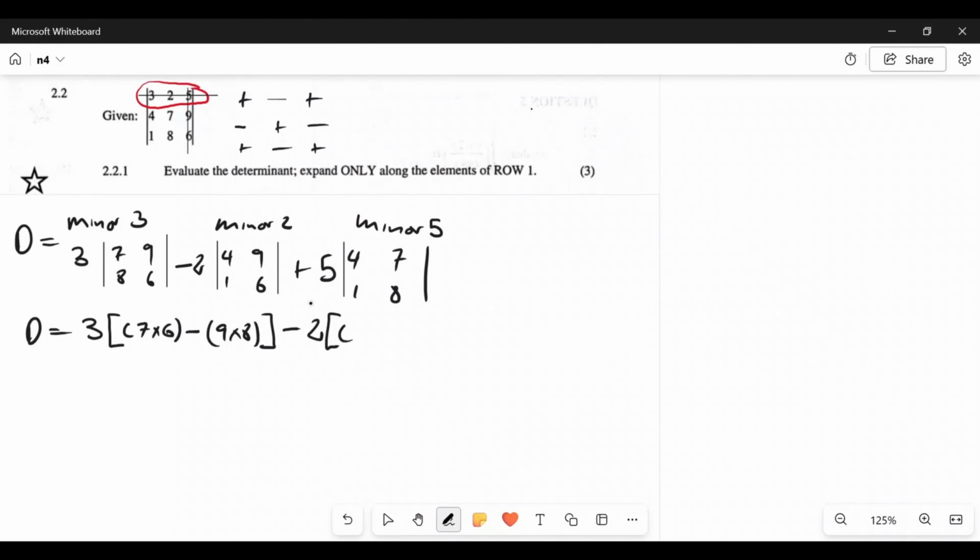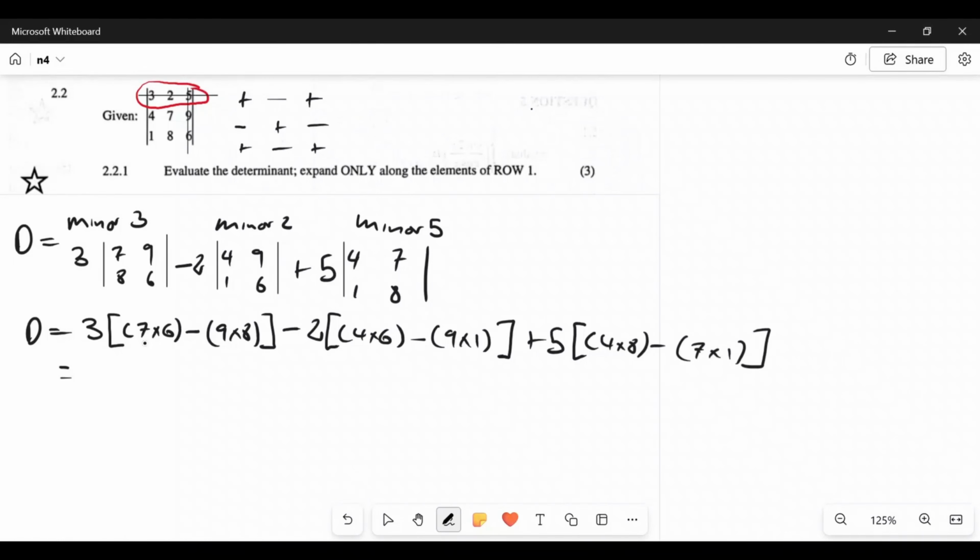We have 4 multiplied by 6 as the first term, minus the second term, which is 9 multiplied by 1. And then we have the last one, minus 5. Inside the bracket there, we have 4 multiplied by 8 minus 7 multiplied by 1.